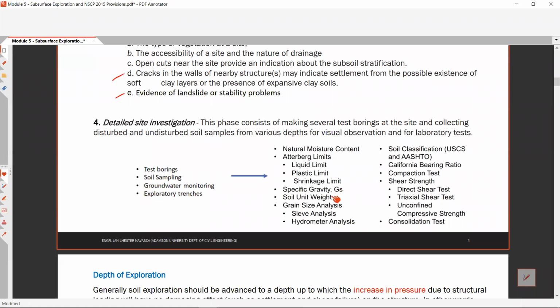Then lastly, we have the detailed site investigation. For the detailed site investigation, the phase consists of making several tests. Test borings at the site, and collecting disturbed and undisturbed soil samples derived from different depths, for visual observation and for laboratory tests.